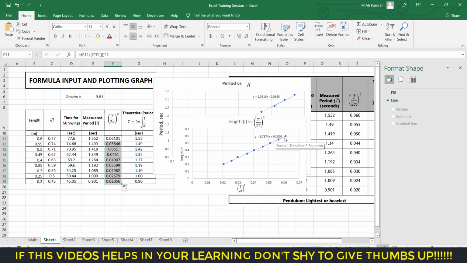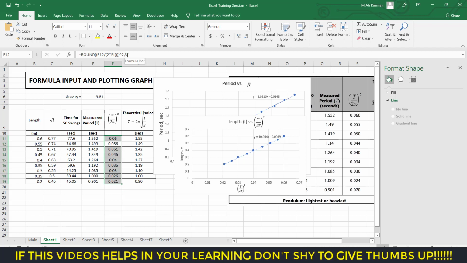But the number of significant figures or digits after the decimal place depends upon the experimental data, right? So if the time for swing is up to 2 decimal places, then keep it up to 2 decimal places. So again we need to put that round formula. Just press Ctrl Z to undo that, and this is round, and if we put it up to 2 decimal places, then the g value is 10.05.